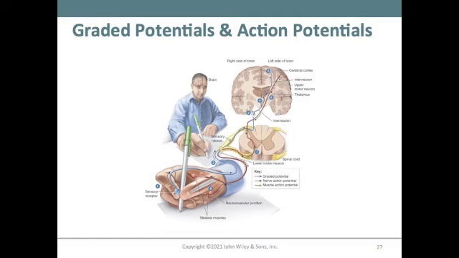Figure 12.10, page 431. I'm not a big fan of this slide. It's really broad brush. I guess there's a little bit of detail in it, but the idea is that it's kind of showing you how graded and action potentials work, and how the peripheral nervous system can take a signal to the central nervous system, and that's going to come back.